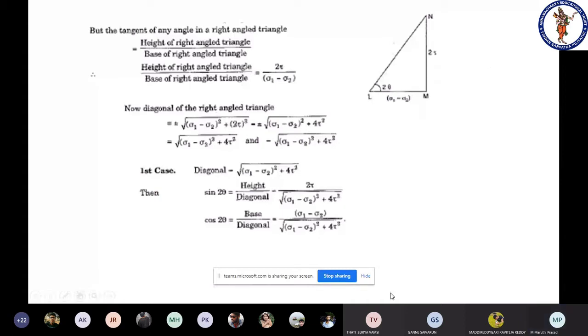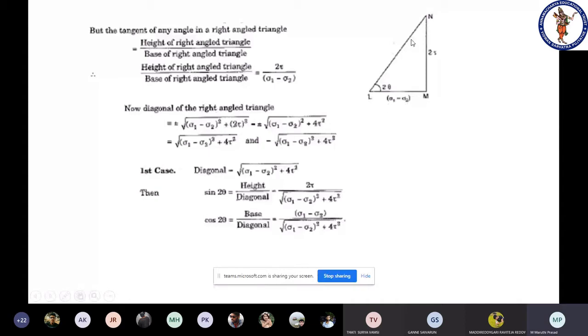Is it clear? Now, from these two things, I want to calculate the diagonal. How can I get the diagonal? By using the Pythagoras theorem. Here diagonal square equals opposite side square plus adjacent side square. That is NL square equals NM square plus ML square.